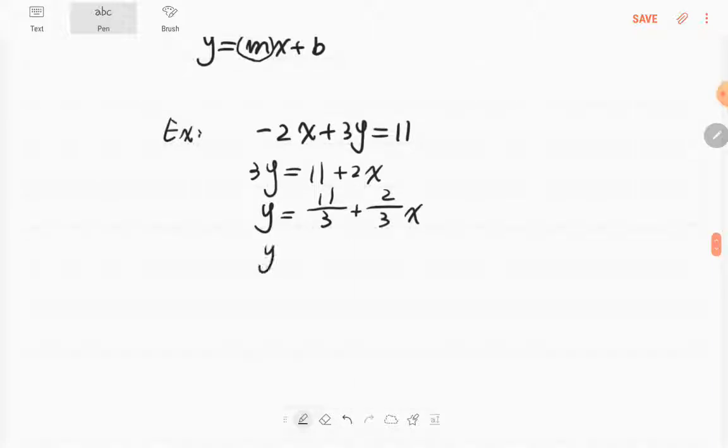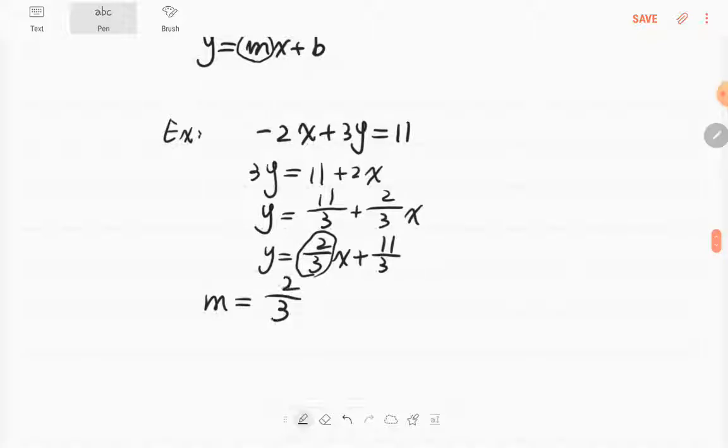Then we just switch the order to make it like the slope-intercept form, and we know the coefficient of x is just our m. So from this standard form of the linear equation, we solve for y, then we only need to find the coefficient of x, which is our slope.